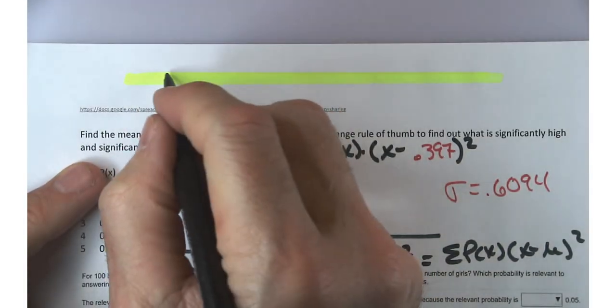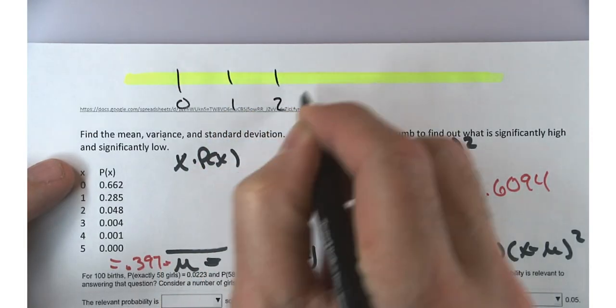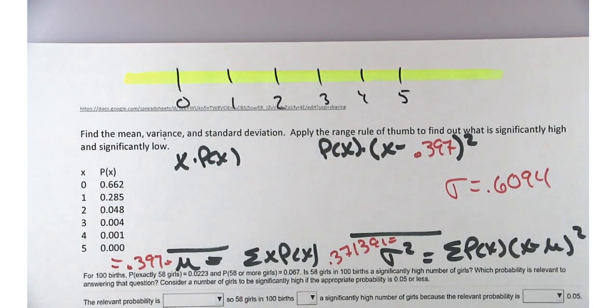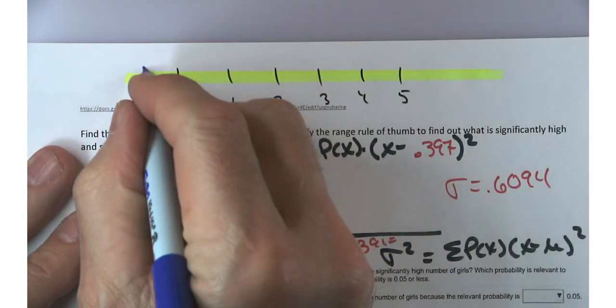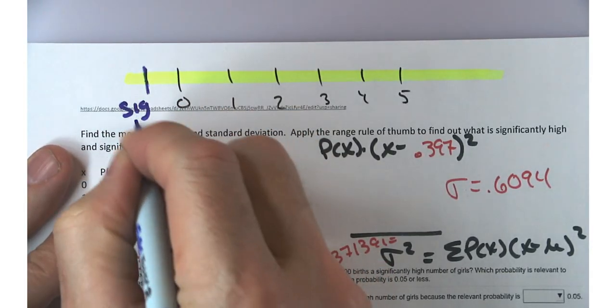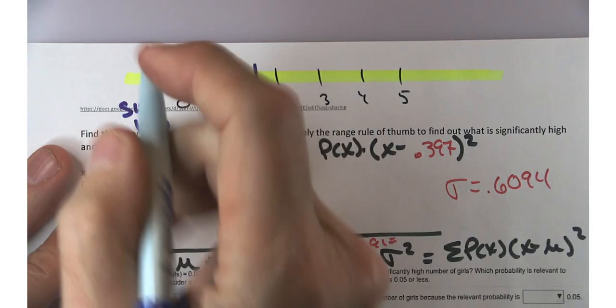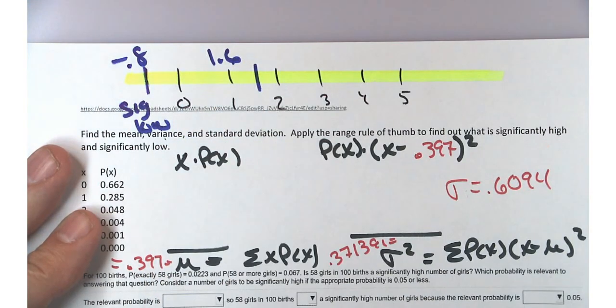Let's look at what that means for our experiment here. So we've got 0, 1, 2, 3, 4, and 5. Significantly low started down here. That's where our cutoff for significantly low is. Significantly high was about right here. So we had negative 0.8 and was it 1.61 or 1.6?